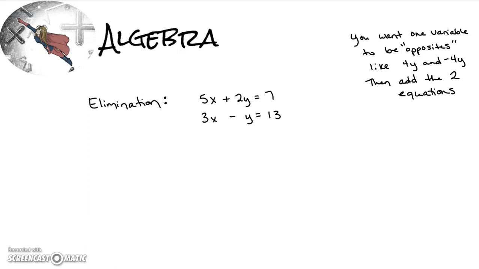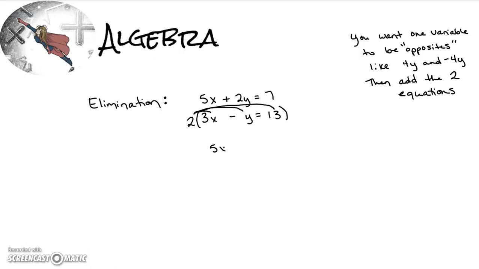Let's not do that, because I'm looking at the y's, and if I just multiply this equation by 2, when I distribute, it'll be a negative 2y, which is perfect because there's a positive 2y in the top equation. So that's what I'm going to do, and I need to distribute it to everything.